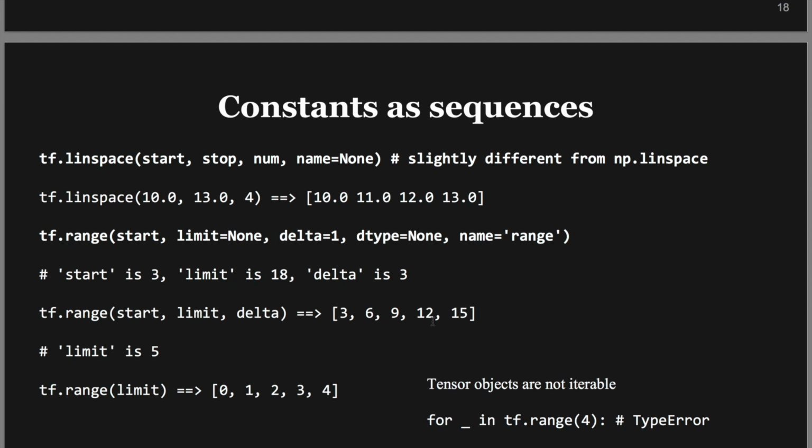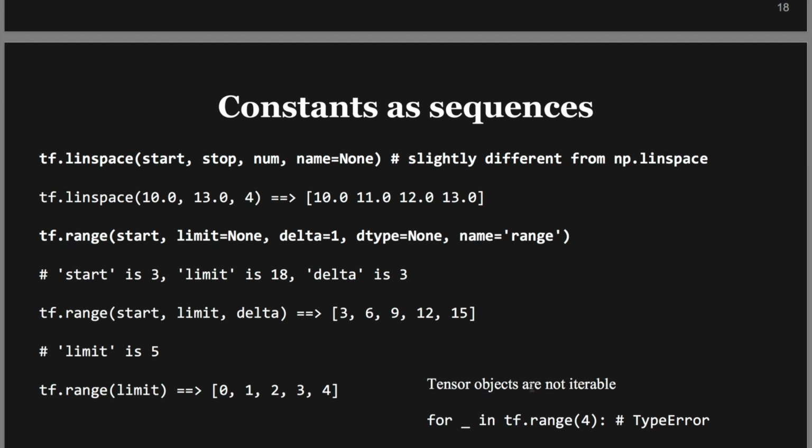So you'll just get to 15 out here. If you just provide tf.range with just an integer limit, it works exactly like range in Python, where you would start from 0 and go up to, but not including, the limit.